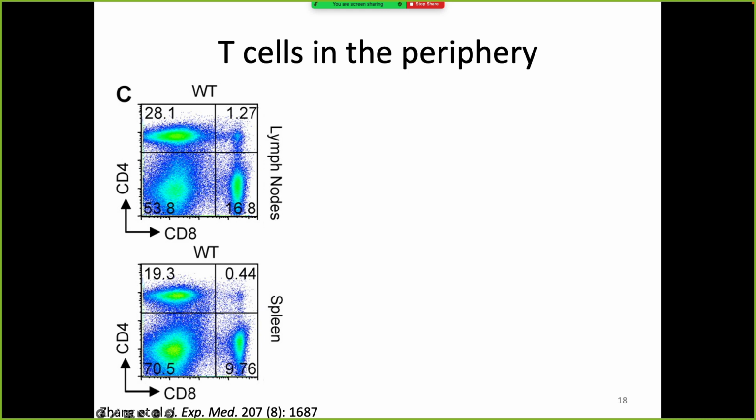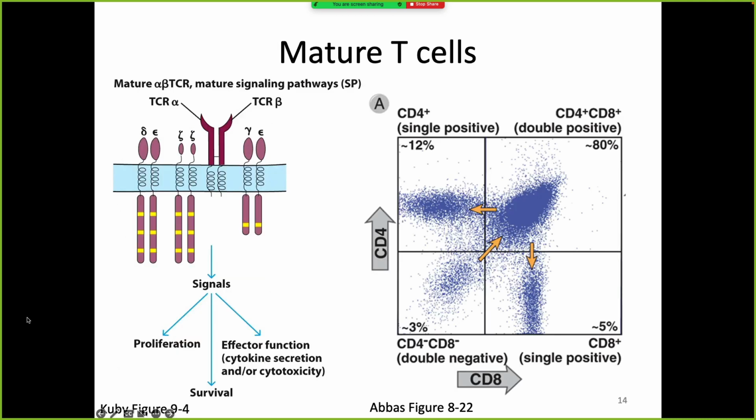They're going to do CD8 positive T cell stuff, like be cytotoxic. I don't know why they have double positives here, but there should not actually be double positives there. You can see that it is a pretty small percentage. And just for comparison's sake, in the thymus, the double positives are the majority, like 80%.